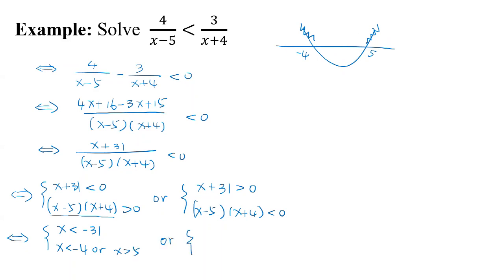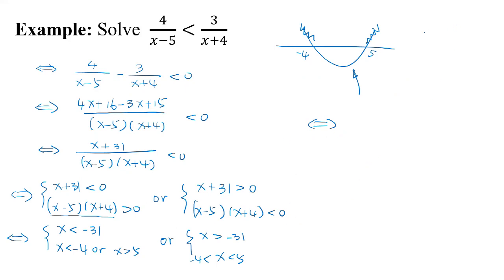Or for the second branch, first of all, x must be greater than minus 31. Next one, the same function as the previous quadratic function, but this time we need to find the interval that makes this function less than 0, which is x greater than minus 4, less than 5, right? Okay, so this is equivalent to the first branch.